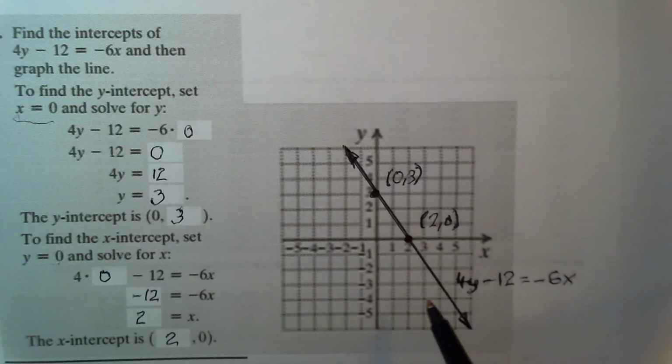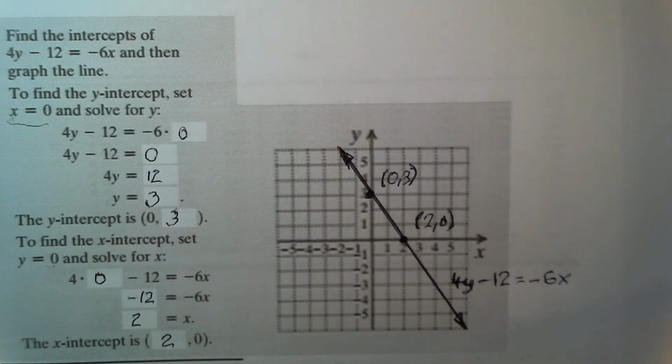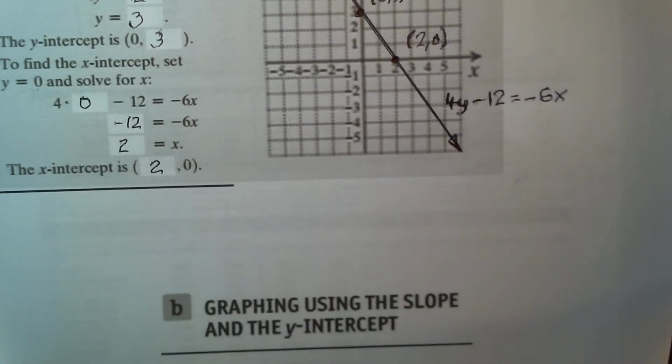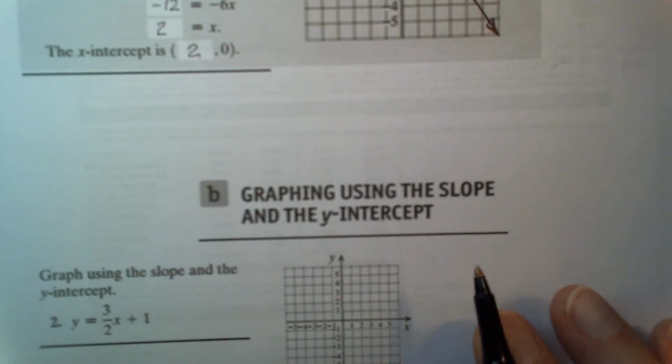That's one of my favorite methods of graphing the equation of a line. And now the next few graphs are a little bit different. They don't use intercepts per se, but we now talk about graphing using the slope and the y-intercept.